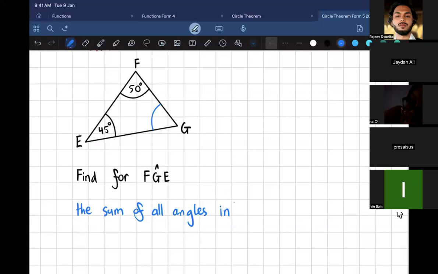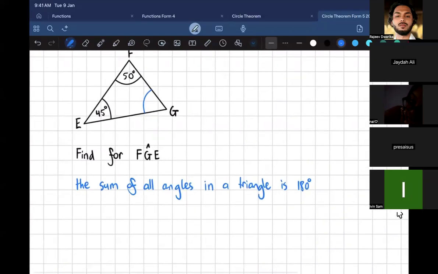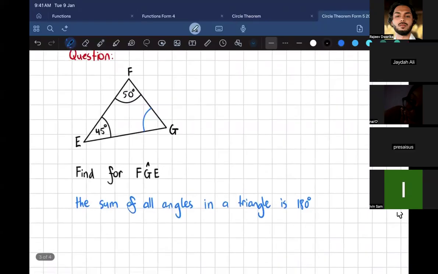Let's add in a triangle, right? So the sum of all angles in a triangle is 180 degrees. So if we say that, Jada, what would my next line look like?